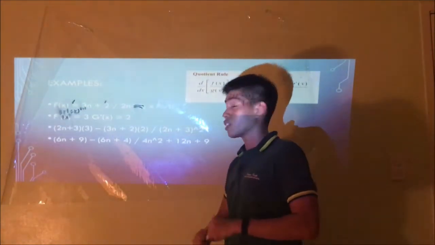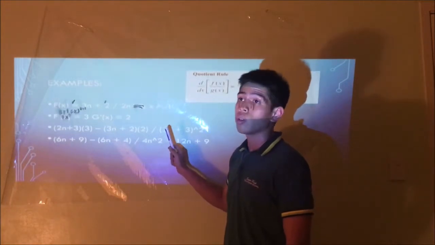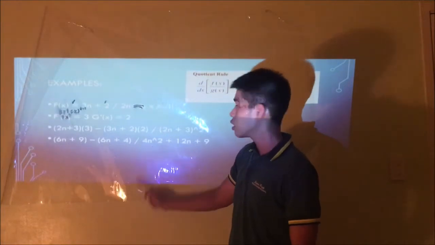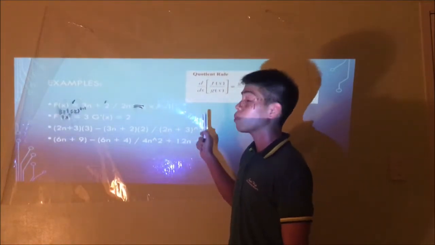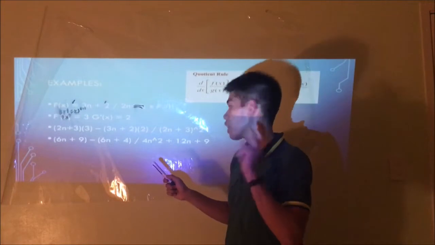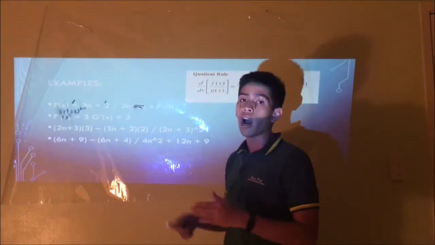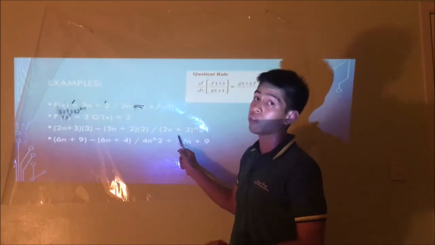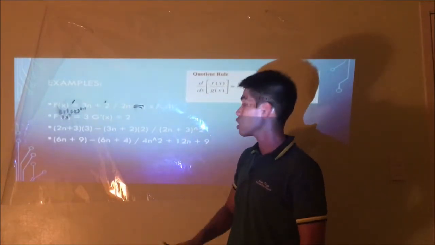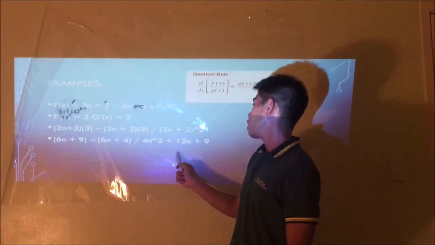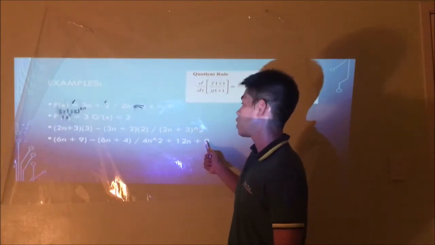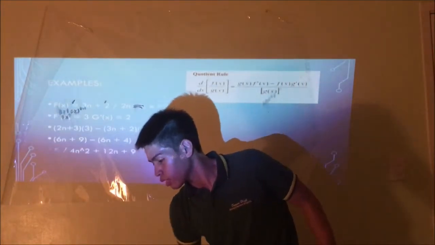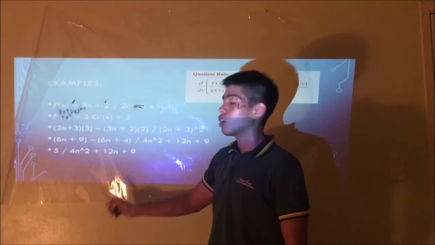Or just simply do this. 2n times 2n gives you 4n squared. 2n times 3 is 6, then times 2, which is going to be 12n. Why? Because you're going to add them. Take a look: 2n times 3 gives you 6n, then another 2n times 3 gives you 6n. In short, it's going to give you 12n. Then square the last term, 9. Once you get that, combine like terms.